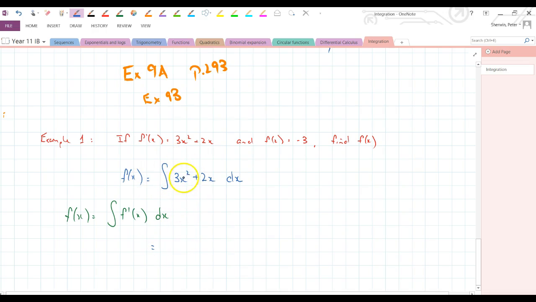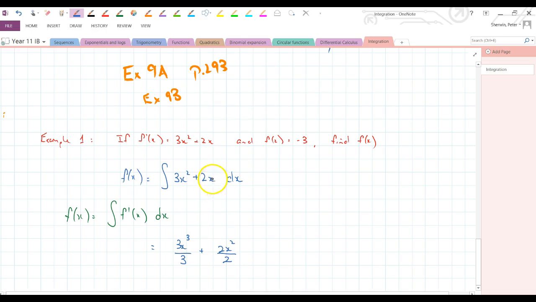So what do we do? We take the power and increase it by 1 and divide by the new power. If we do that to both these terms, 2x becomes 2x squared divided by 2. That 2 doesn't change, just as in differentiation, the constant does not affect the integration process.